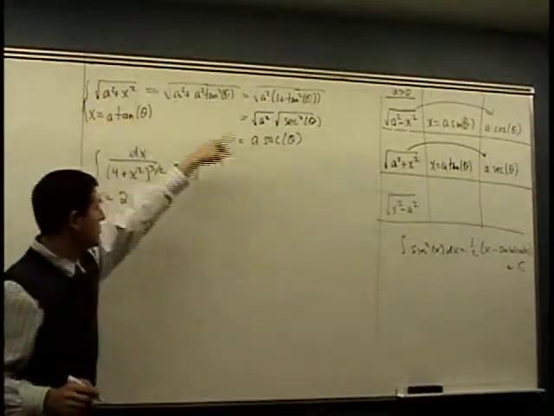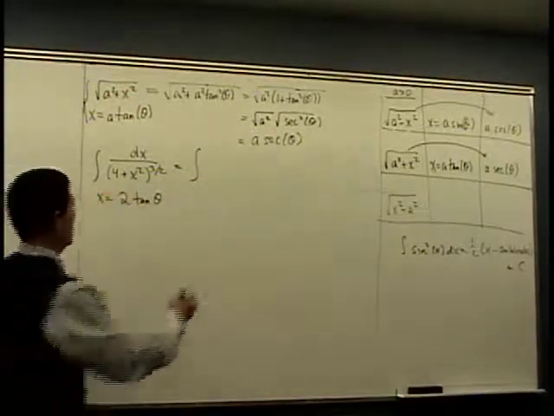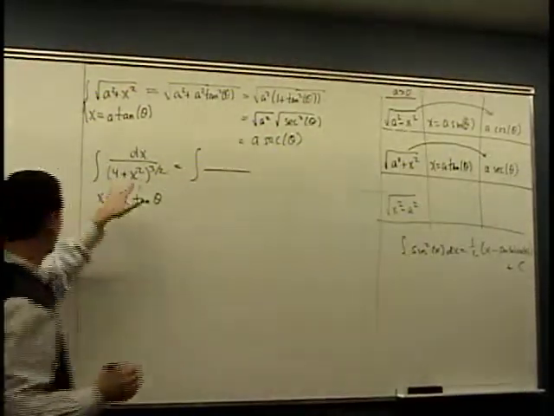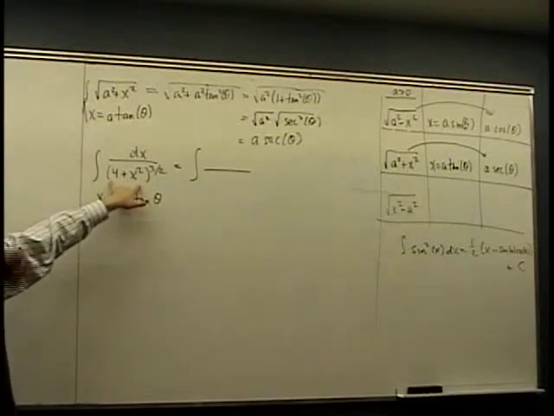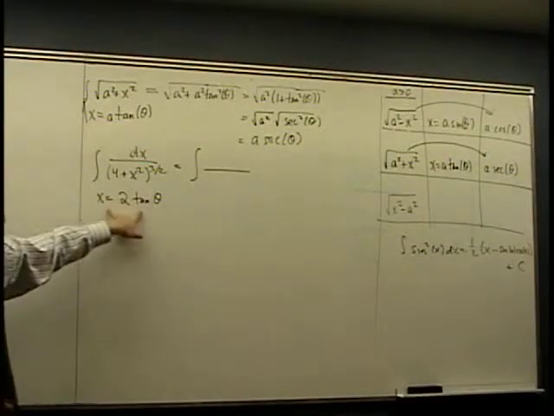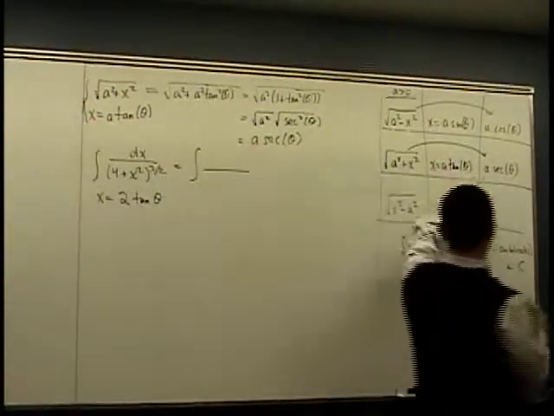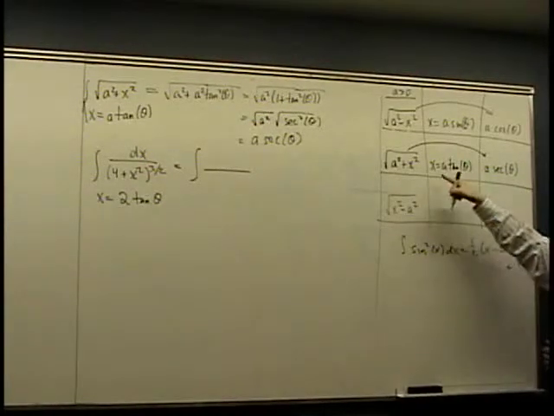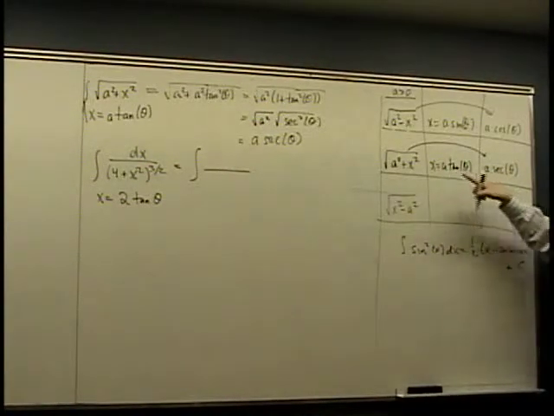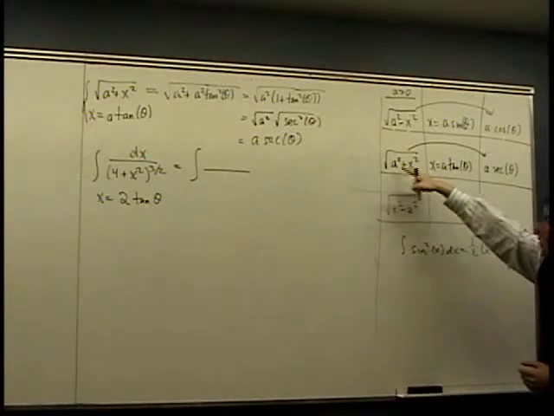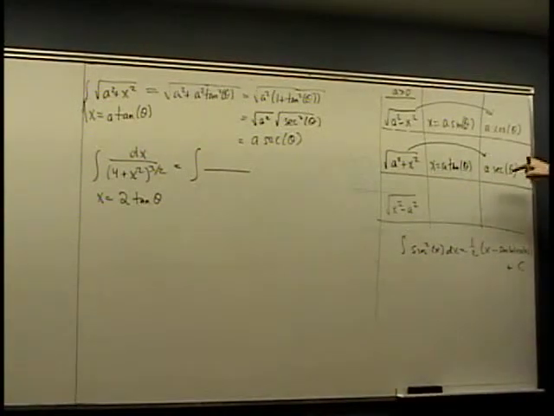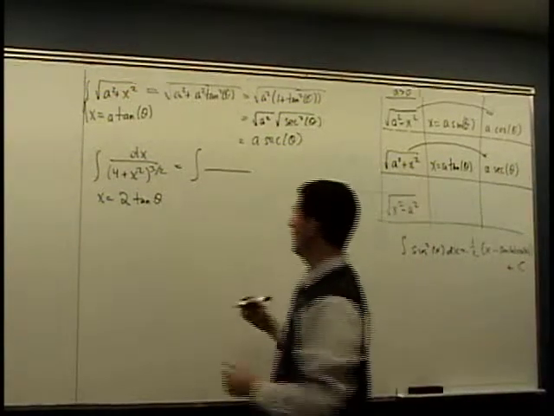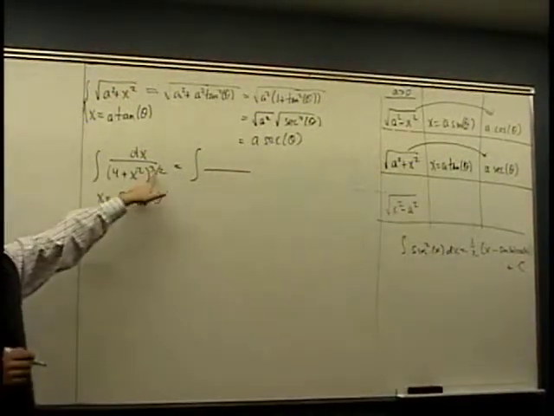And what this derivation tells me is that the square root of 4 plus x squared, when I make this substitution, will become 2 secant of theta. And then, of course, I have this cube in here to deal with.